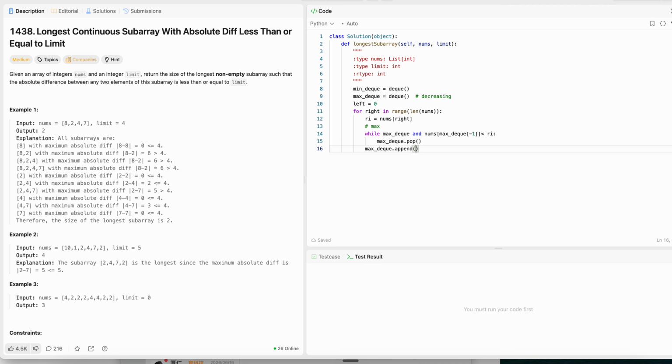Append. Okay, so that's how we maintain the max and min.